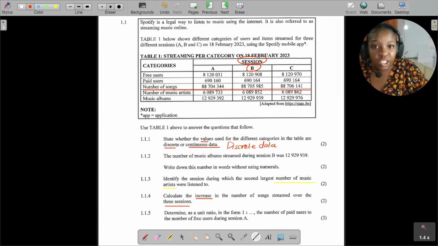So we see that in session 1, they streamed the music for 88,704,344 times. Then in session B, they streamed it for 88,705,985.